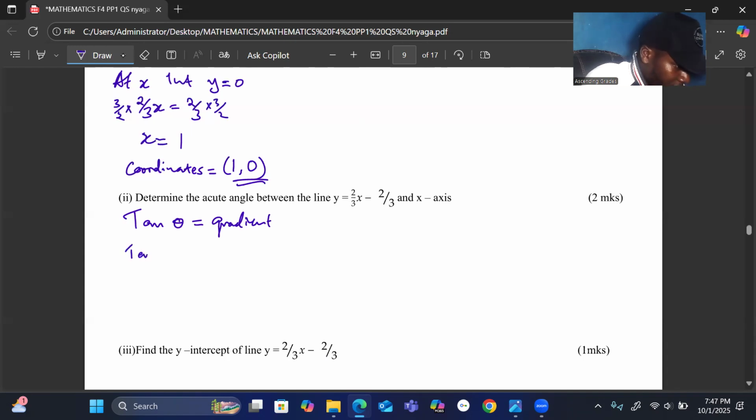Therefore, tan theta is equal to 2 over 3. And how do you find theta? To find theta, we simply find the tan inverse of 2 over 3, which is 0.6667. And therefore, our value of theta will be equal to 33.69.